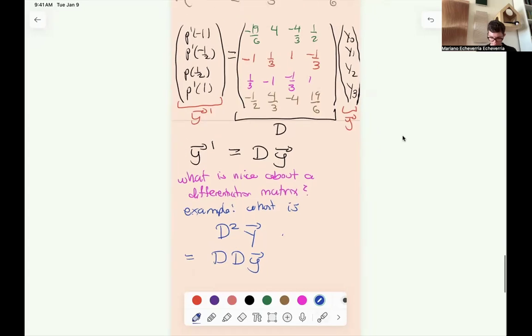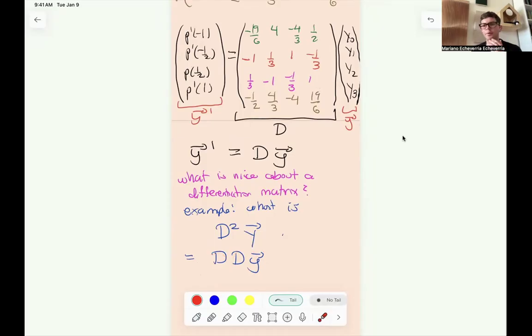Does anyone want to take a guess? When you multiply the differentiation matrix by y, that gives me the first derivatives of the polynomial at the nodes, right? So what do you think happens if you multiply this by y again?